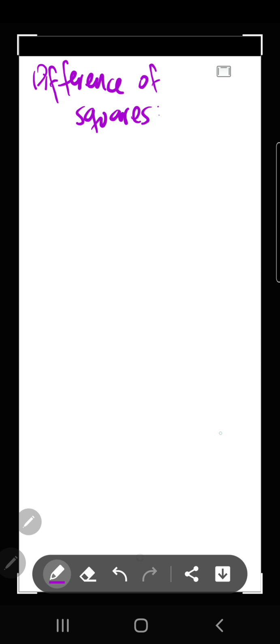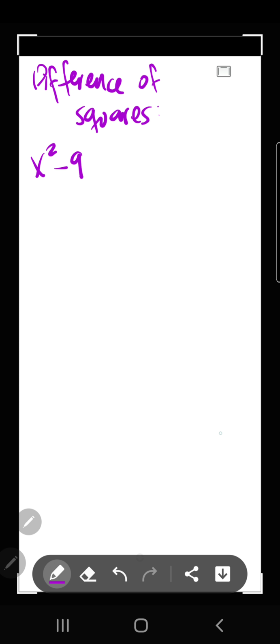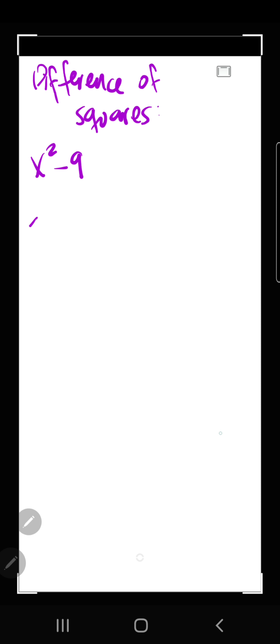Difference of squares. A difference of squares is always a binomial where the two terms have different signs. For example, x squared minus 9, they are two terms and they have different signs.